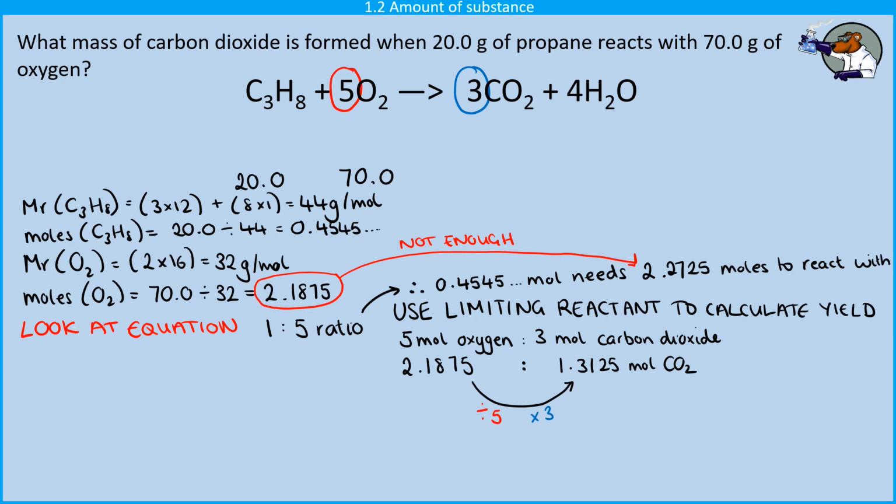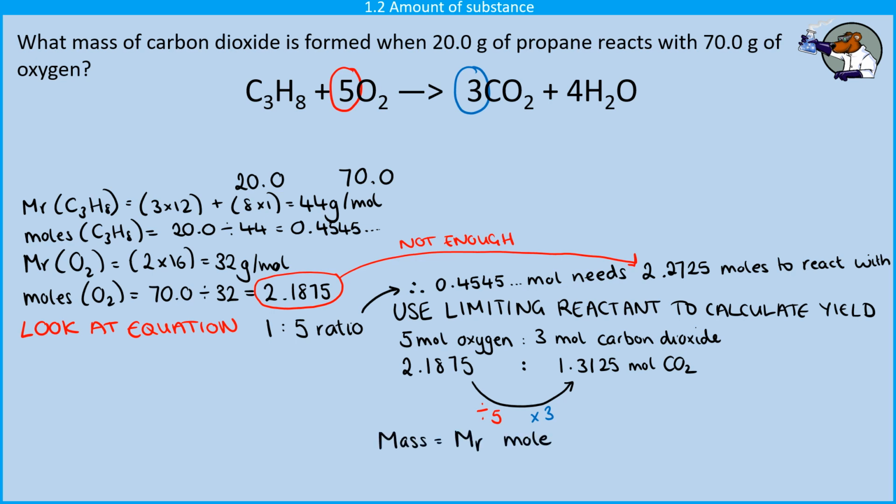So I have oxygen and I'm trying to work out my carbon dioxide. The coefficient in front of oxygen is 5, so I divide by 5. You can see that in red here. And then I need to multiply by the coefficient in front of the thing I'm trying to make, which here is my carbon dioxide. So I divided by 5 because that was the coefficient in front of oxygen, and then I multiply by 3 because that's the coefficient in front of carbon dioxide. And that gives me 1.3125 moles.